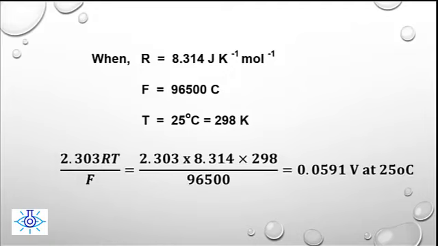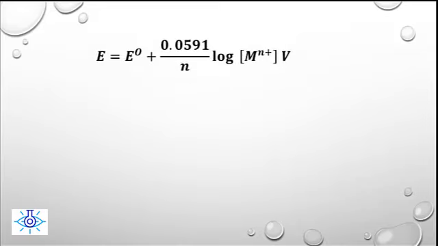So when we replace the values of R, T and F, we get the value 0.0591 volt at standard condition, that is at 25 degrees Celsius. So 2.303 RT/F can be replaced by this value: E = E0 + (0.0591/n) log [M^n+] volt.